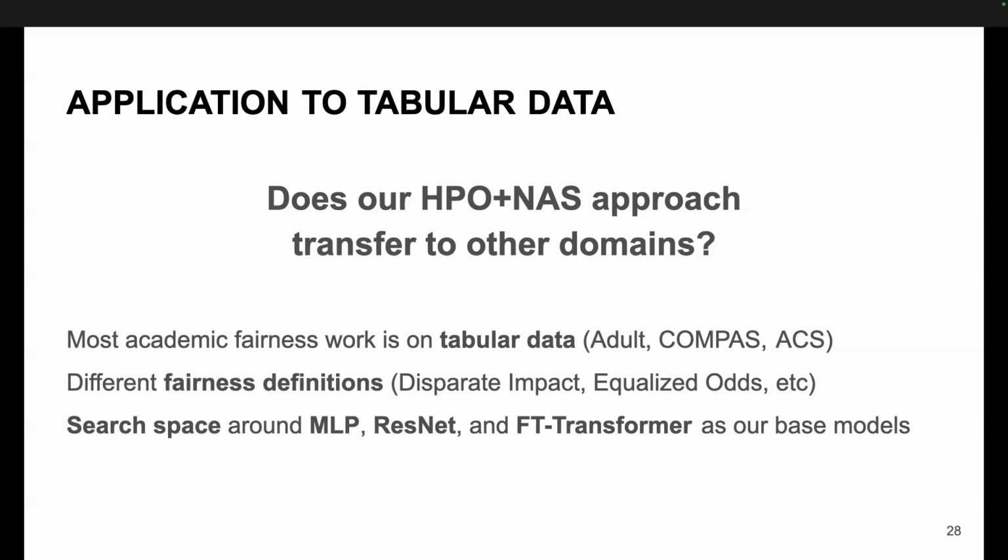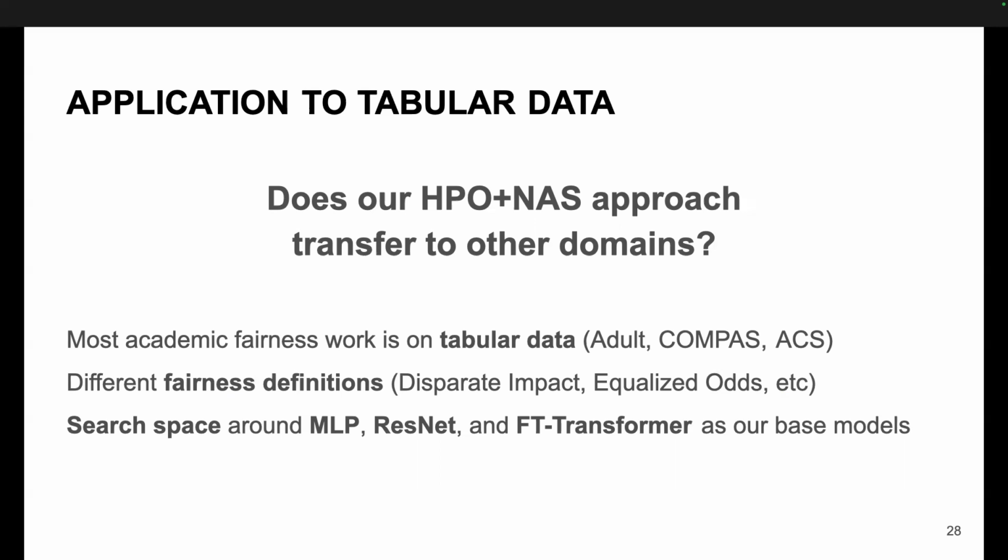But in tabular data, there's a very large body of work that looks at bias mitigation, and there are standard data sets, and very standard fairness metrics. So if we were able to expand upon the results that we have in facial recognition, doing so in tabular data is the next obvious place to do that.